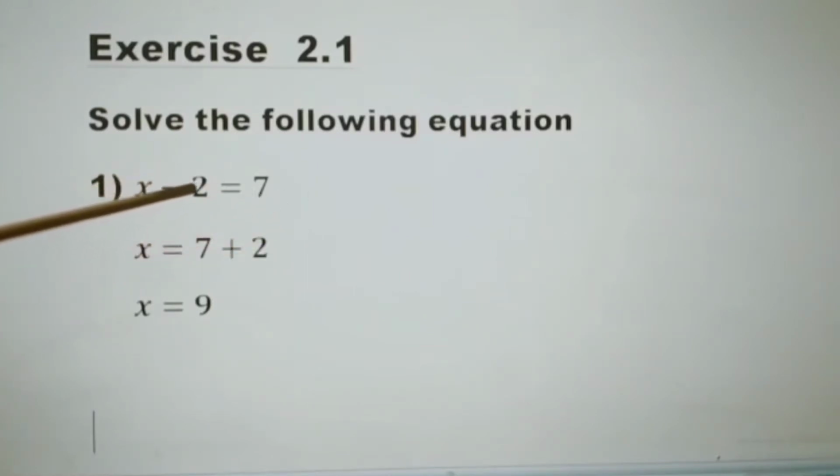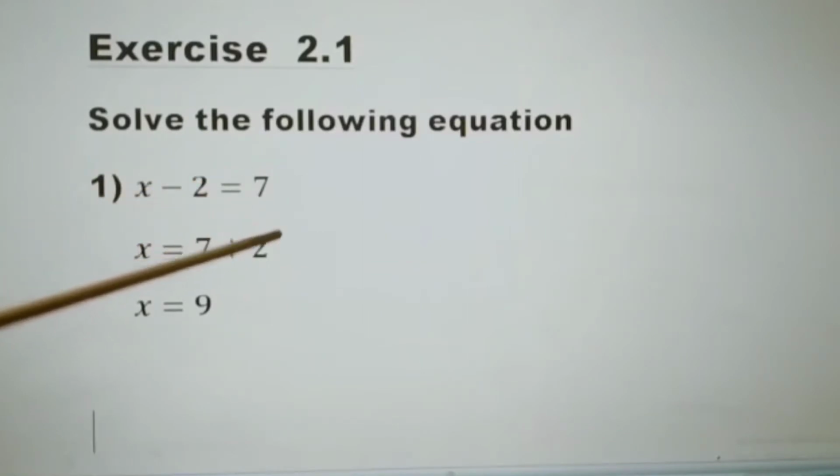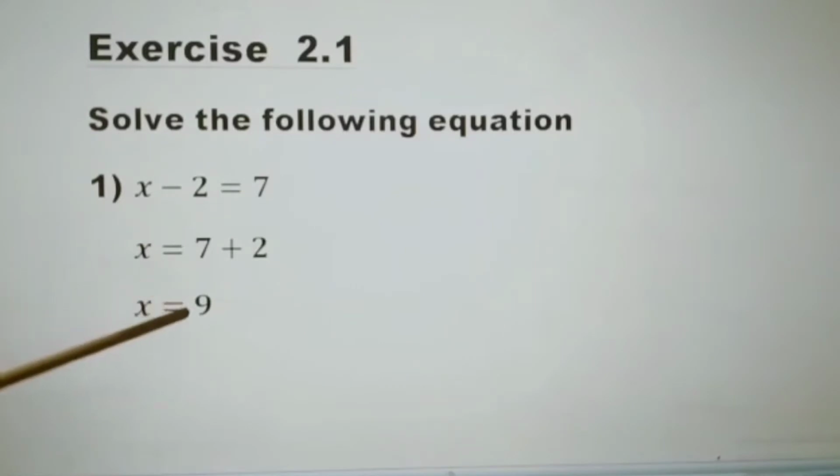This minus 2 we have brought to the right side of the equal sign. It has become plus 2 as per the transposition method. So x is equal to 9. Solution or value of x is equal to 9.